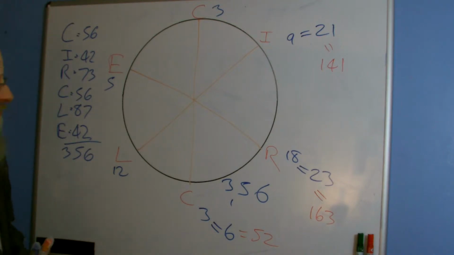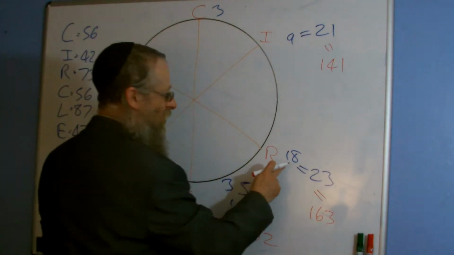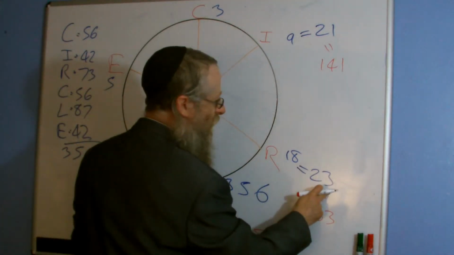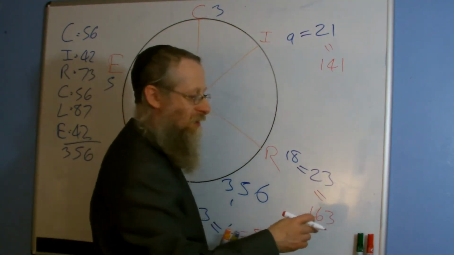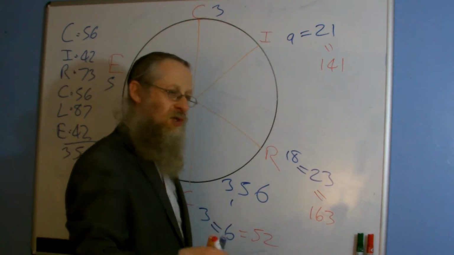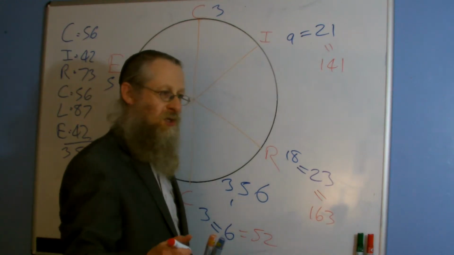Not only that, but if I add up the digits here, we've got 23. And it's called, in Hebrew, the Mispar Katan, the small value. It's used in numerology. Numerology uses the small value.